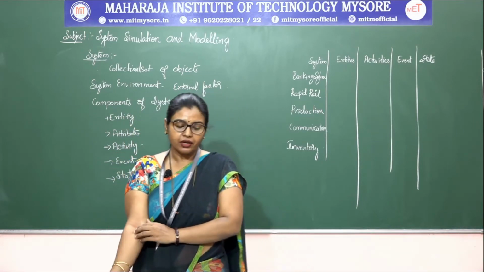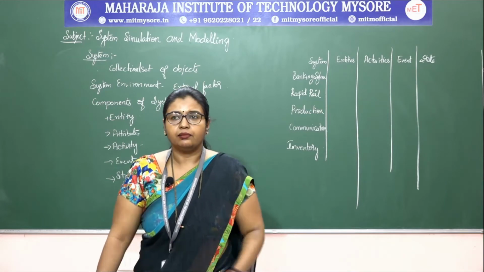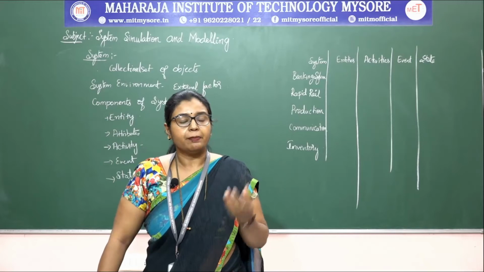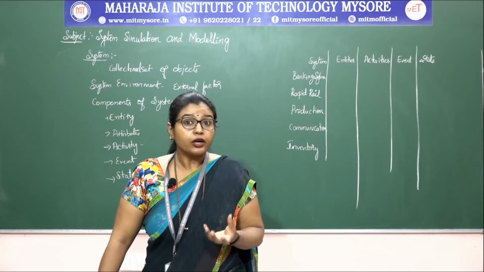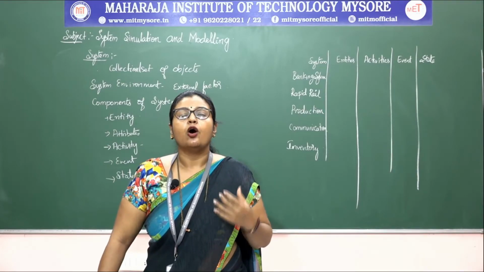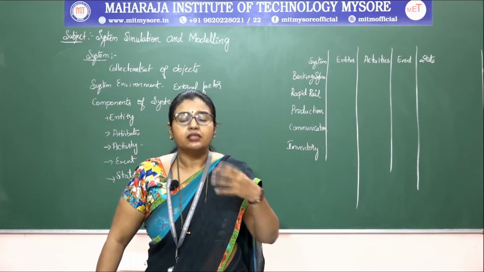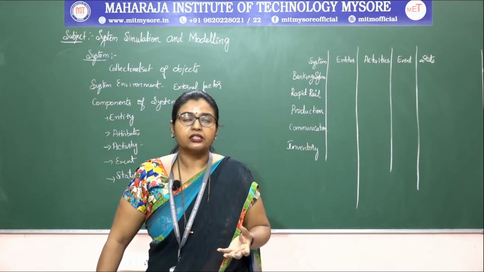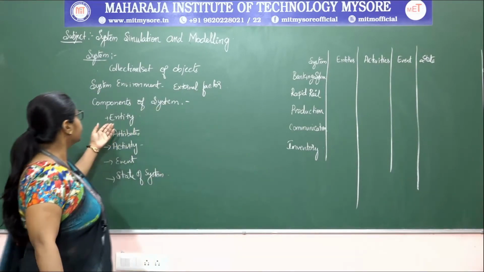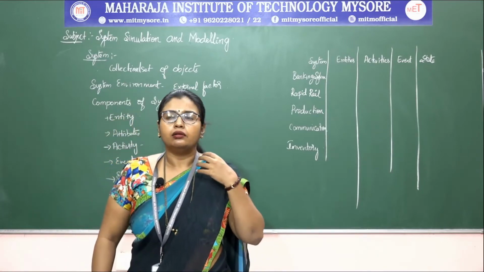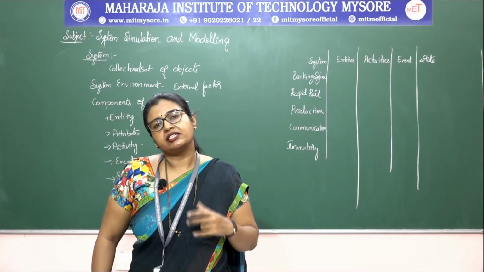So if you consider any production or factory system, the departments or the products whatever we are developing, or else the number of orders coming into the system. These are all some of the parts of that particular product. So these all are considered as an entity. That is, the group or the object of interest is called an entity.